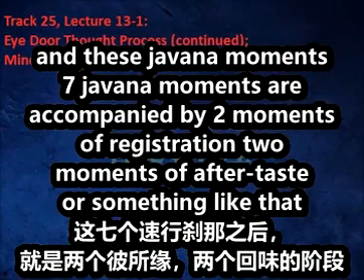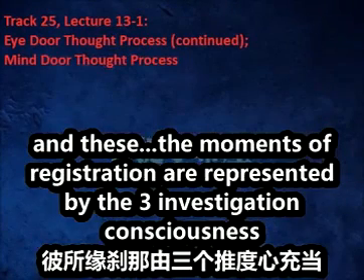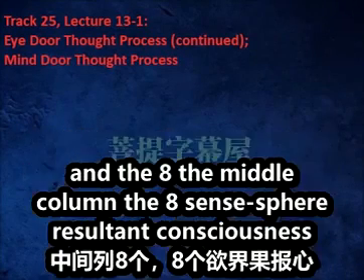And these 7 jhana moments are accompanied by 2 moments of registration, 2 moments of aftertaste or something like that. The moments of registration are represented by these 3 investigation consciousness and the 8 sense sphere resultant consciousness in the middle column.